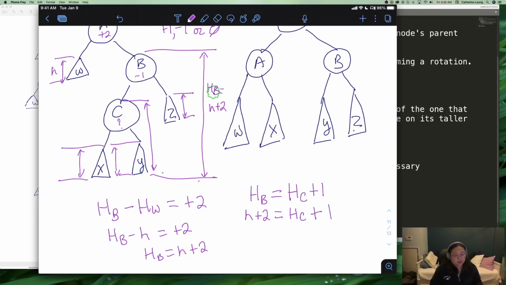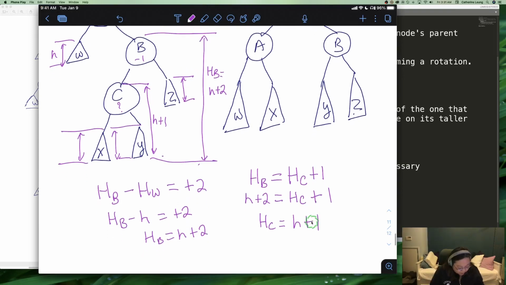Okay, so that's what this is. So solve the equation, and what you end up with is HC is actually equal to little h plus 1. This is just solving the equation for the height of C. So the height of C is h plus 1 tall. The entire tree is h plus 1. That's what we know about it.